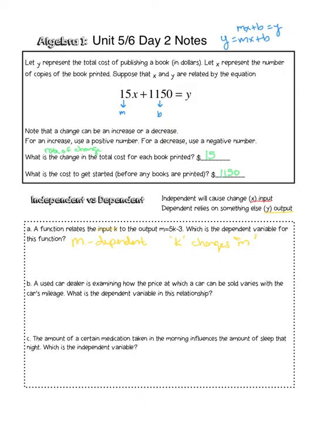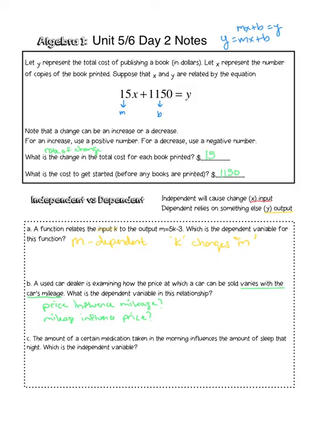Alrighty, let's do another one. You've got a used car dealer examining how the price at which a car can be sold varies with the car's mileage. Which is the dependent relationship? Well, I'm going to have you ask yourself two questions. Does price influence car's mileage? Or does the car's mileage influence the price?